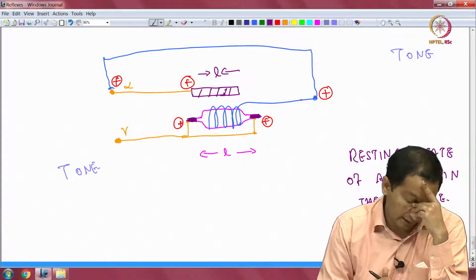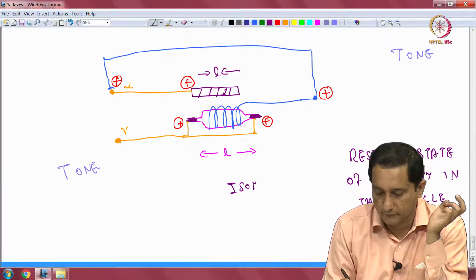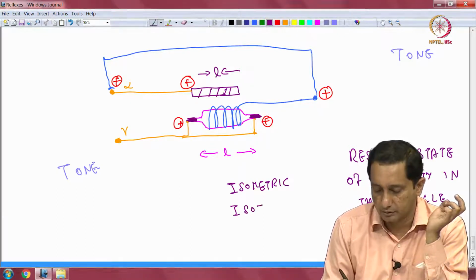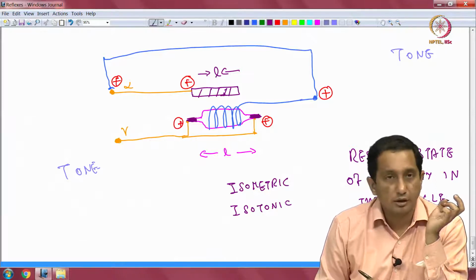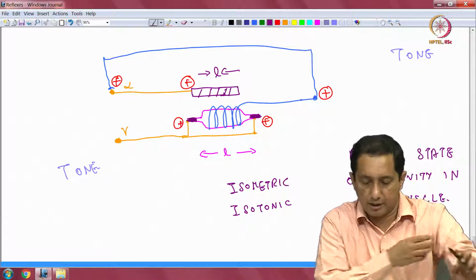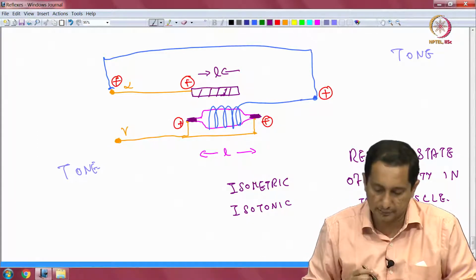Now, in this context, I think we can start explaining isometric and isotonic contraction. Isometric contraction is where the length of the muscle remains constant.